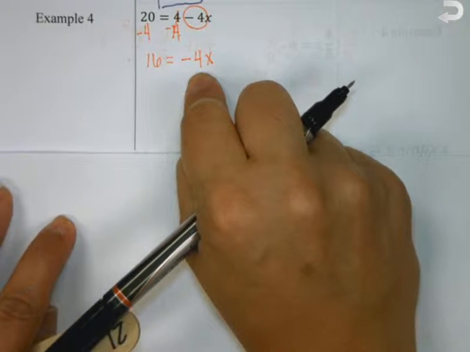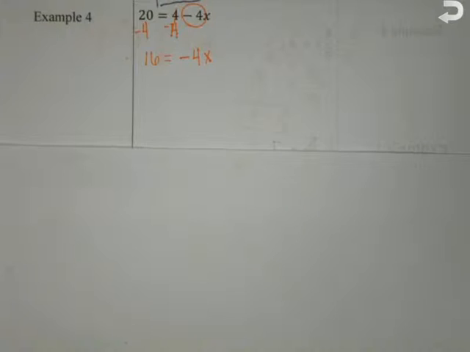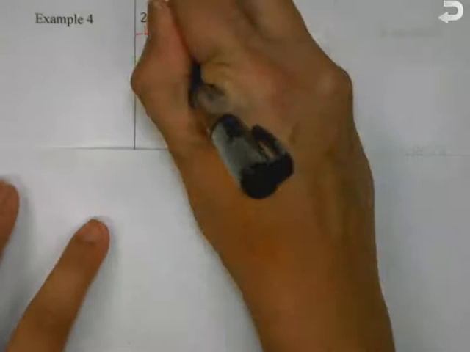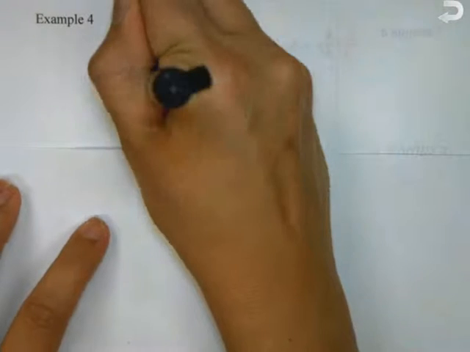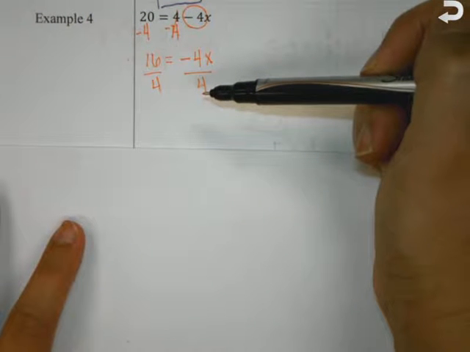Okay? So what am I going to do to get rid of that negative 4? Mary, what am I going to do to get rid of the negative 4? Divide by positive 4? Well, if I divide by positive 4, let's take a look. What's negative 4 divided by positive 4? Negative 1, right?